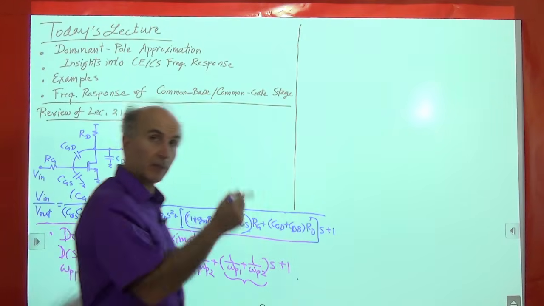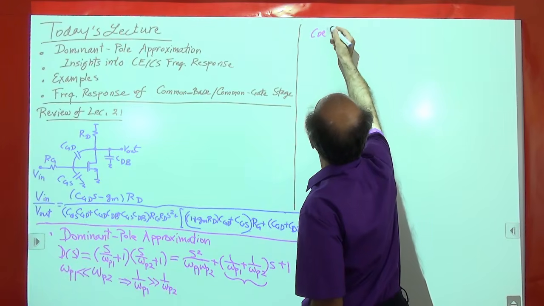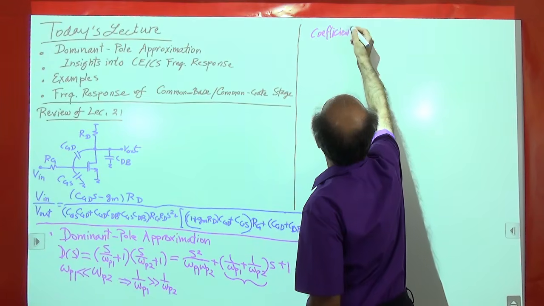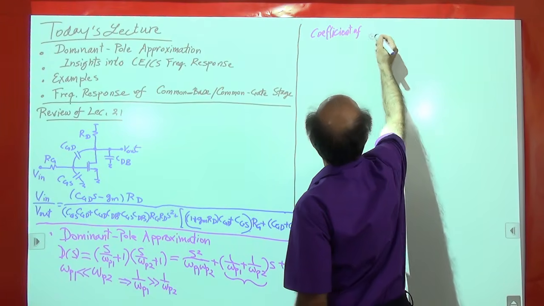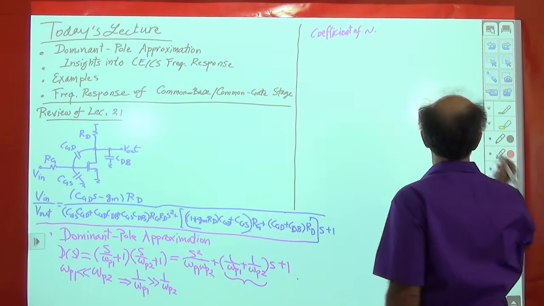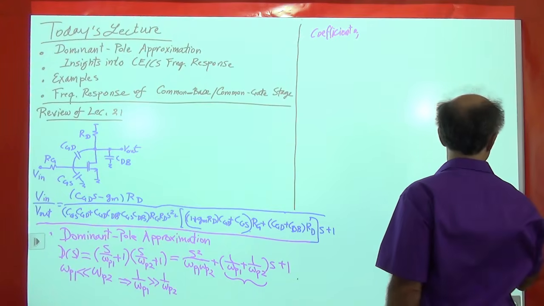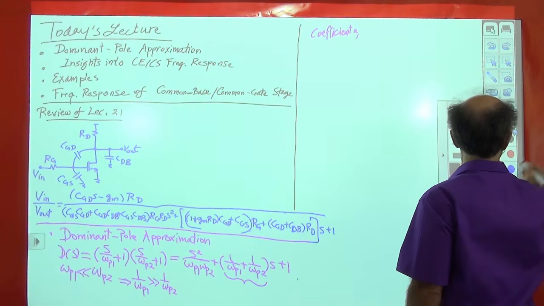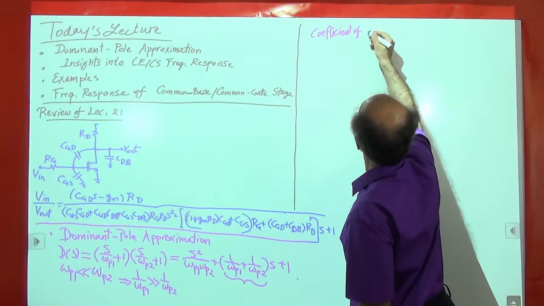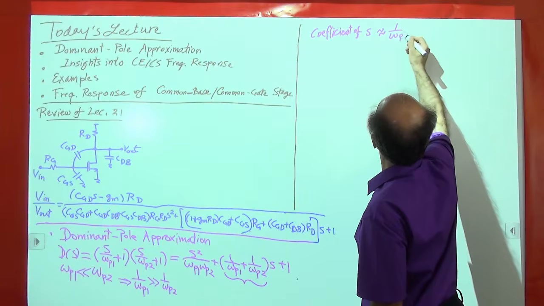So I'm going to write that up here because it's a critical result. The coefficient of s is approximately equal to 1 over omega p1.